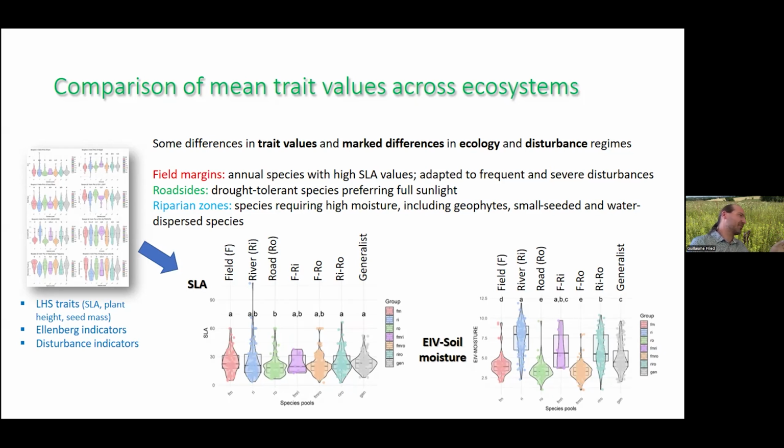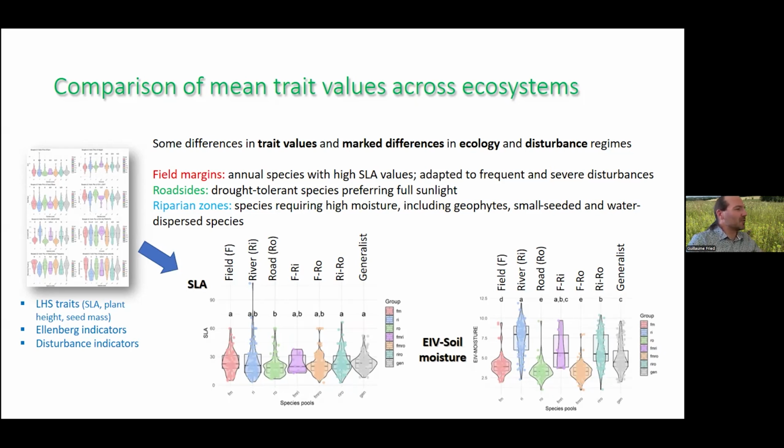On roadsides, the species differ from the two other habitats by being more drought tolerant and preferring full sunlight. And in riparian zone, you have species requiring higher moisture, also more geophytes, small seeded species, and water dispersed species.